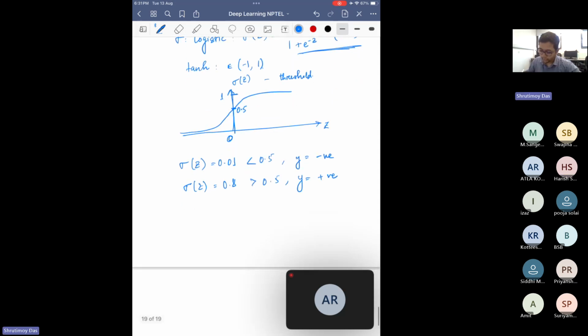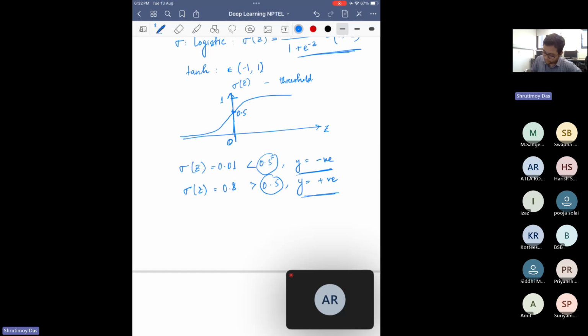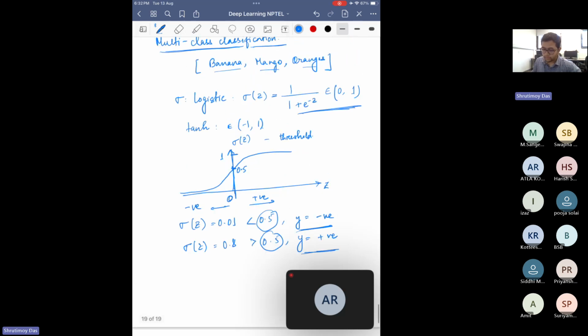So for sigma we have some threshold value, in this case 0.5, and based on the threshold I can say whether this is less than 0.5 or greater than 0.5, and then we have two classes, the negative class or the positive class. So if I have some probability on this side, we say negative class, and if it is here, we say that it is a positive class.